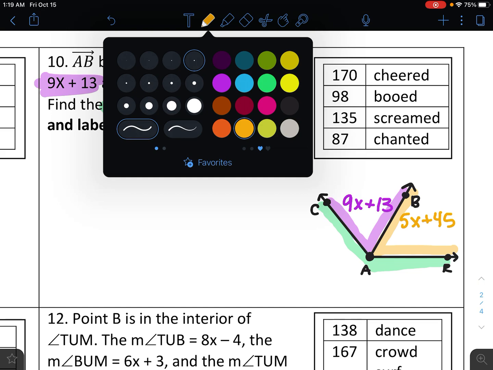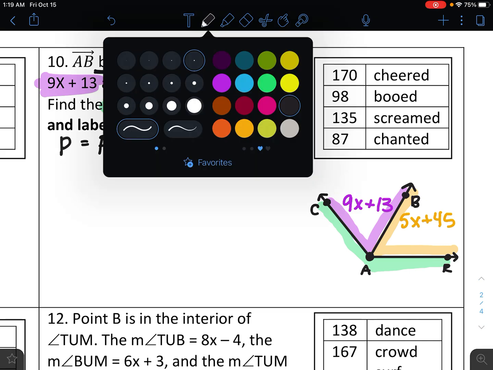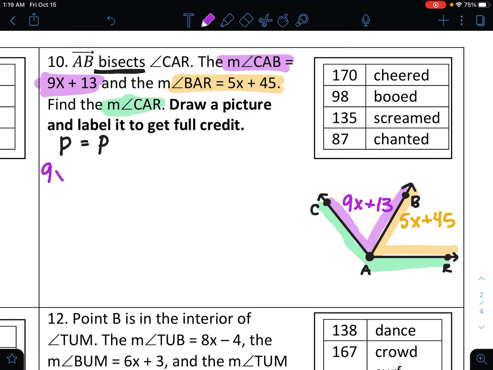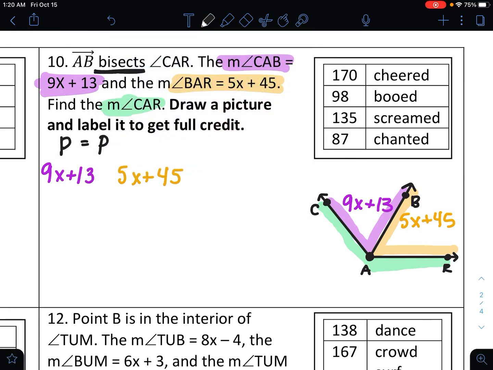All right, so to set this up, it says bisects. Bisects means it's going to be part equals part. So set these equal to each other. And let's go ahead and solve. Solve however you want to.